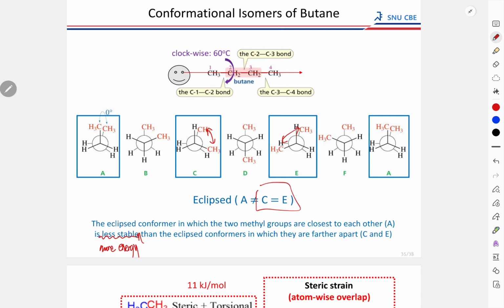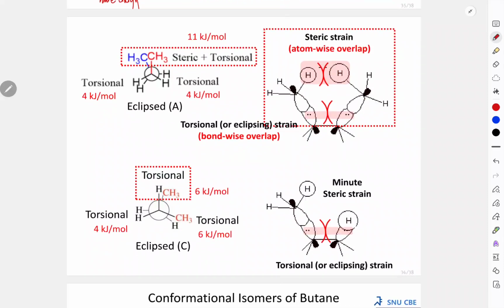And this is sort of a combination of steric and torsional strain. If you look at this pair from the right hand side, you can imagine there's a bonding electron overlap. This is the C-C bond here and there, and there are bonding electrons residing very close together, giving rise to torsion strain.